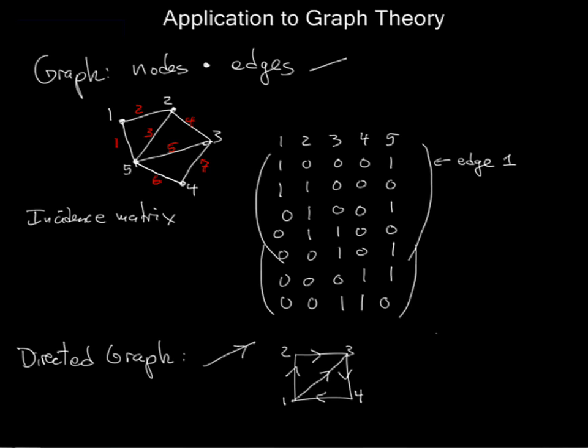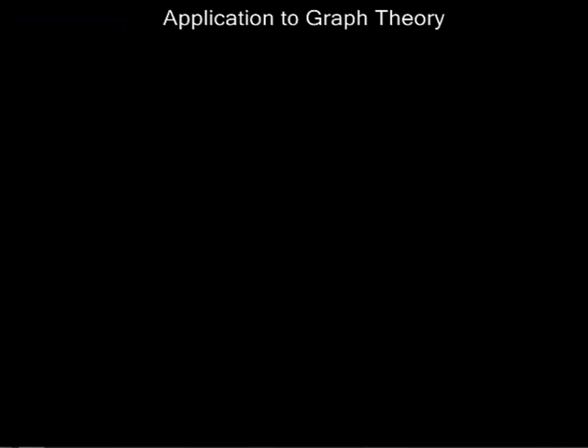And you label the nodes as before, and the incidence matrix for a directed graph is similar, except that in each row you put a 1 and a -1 to indicate that the edge is going from the node with the 1 to the node labeled -1. So that's the incidence matrix for a directed graph, or sometimes called a digraph.